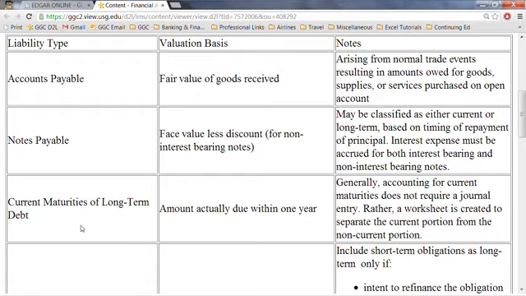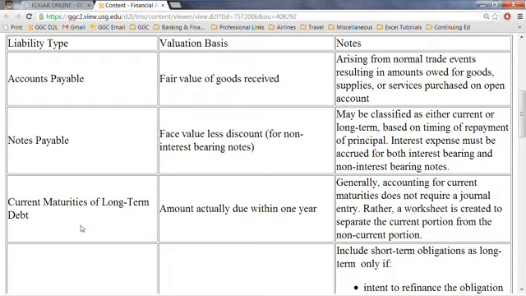So for example, think about a mortgage. You have a 15-year mortgage on your home. You're going to be making some payments within the next year. Those would be classified as a current liability, whereas the remaining 14 years or whatever else is out there would be classified as a non-current or a long-term liability.